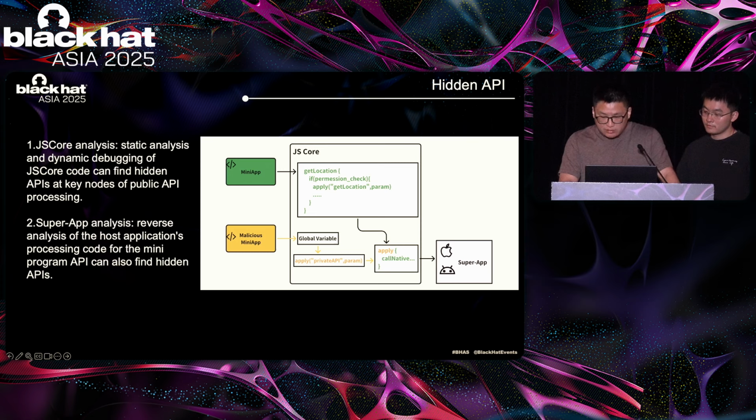By examining both the mini app itself and the super app, we have identified two very effective and reliable methods to systematically discover hidden APIs. Through our practice, these methods have indeed uncovered many high-risk APIs capable of exploits such as stealing users' login credentials and accessing private data.